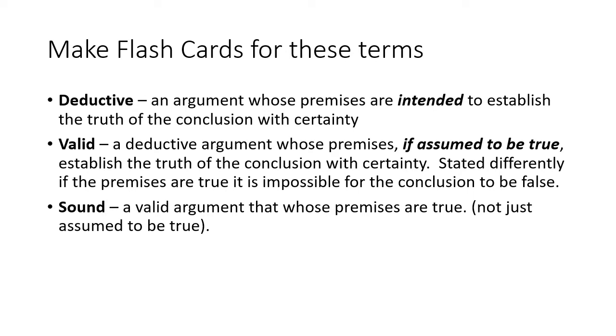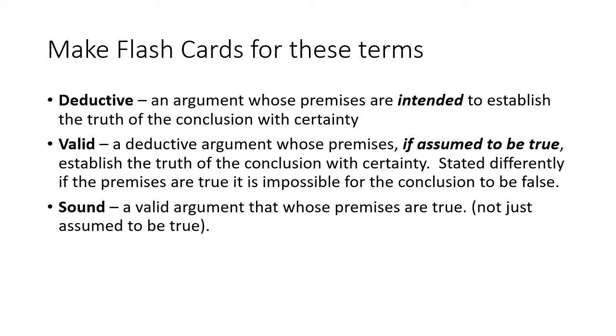Now, if we have a deductive argument and we determine that if the premises are assumed to be true, then the premises establish the truth of the conclusion with certainty. Stated differently, if the premises are true, it's impossible for the conclusion to be false.